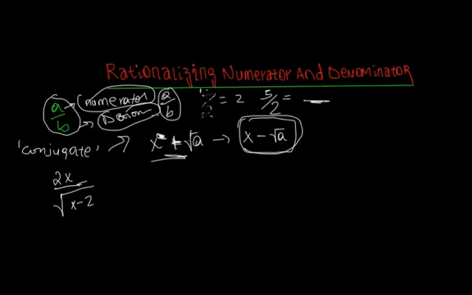Multiply this by root x plus 2 over, again, root x plus 2. See how I did it? It's very simple, very easy to do. After this, it is all operation and simple basic mathematics.